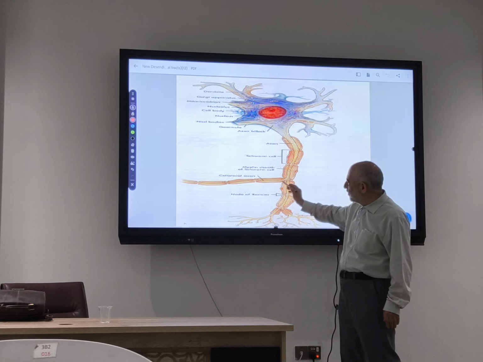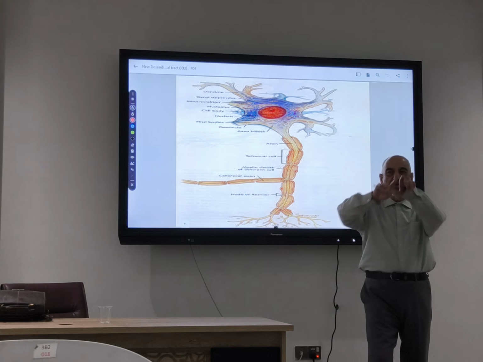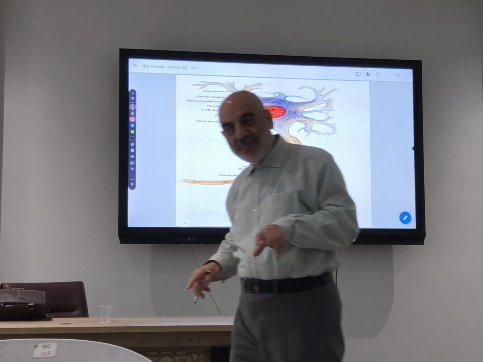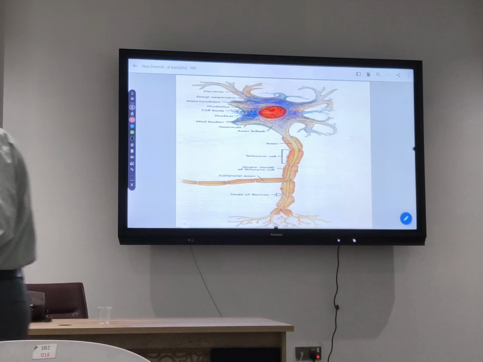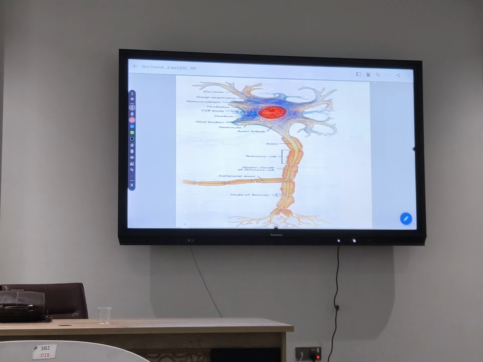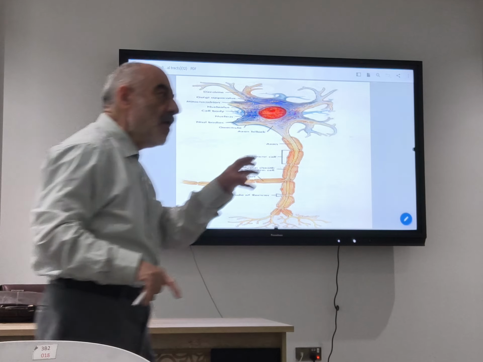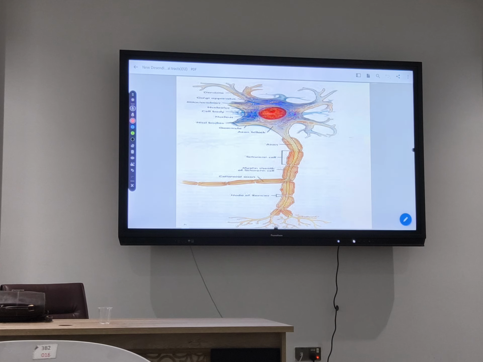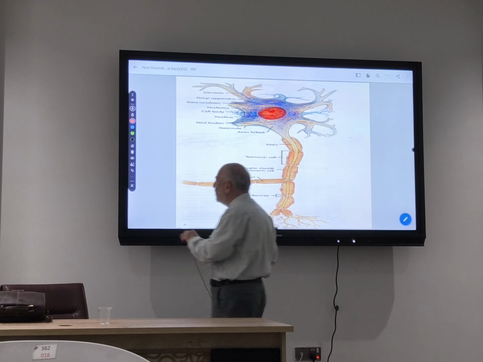And sometimes some of the neurons have a collateral branch. For example, some of the alpha motor neurons have a collateral branch, and they synapse on, for example, Renshaw cells. And as I told you, the Renshaw cell is an inhibitory interneuron.